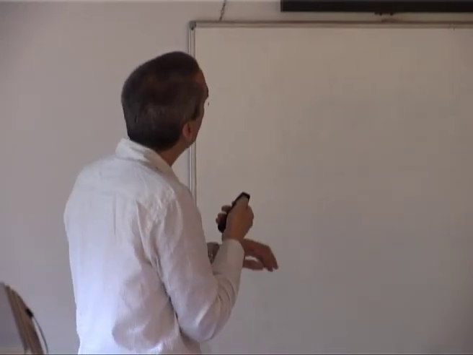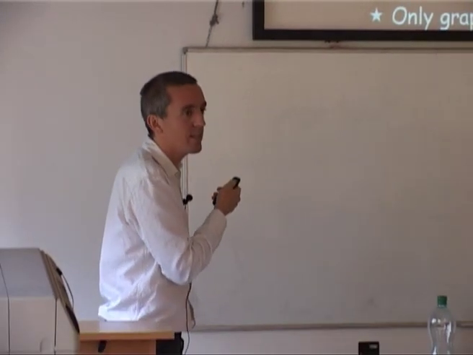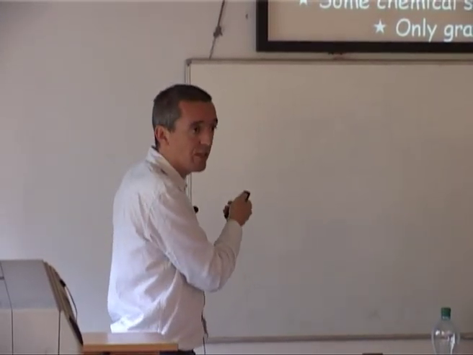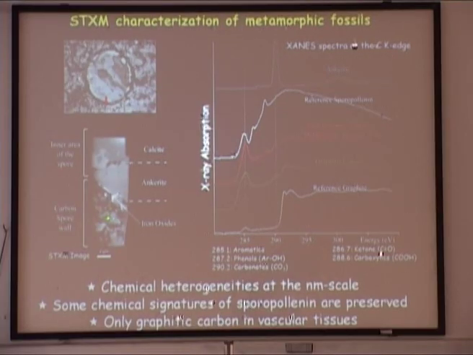Now if we do this analysis, we use exactly the same FIB cross-section as in the TEM. Now look at that. We measure the XANES spectra at these 3 different spots. They are very close by. They are less than 1 or 2 microns away from each other.